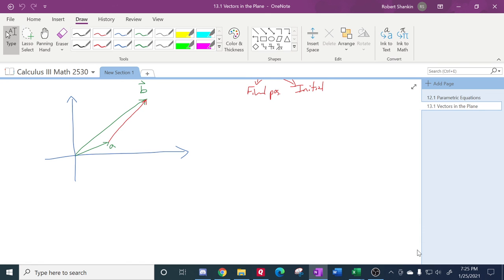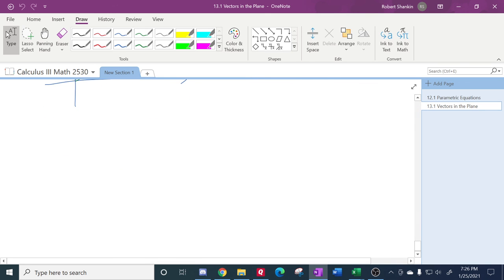The visualization that we're going to use most often, for two vectors being subtracted, r minus w, is we're going to visualize them in standard position.